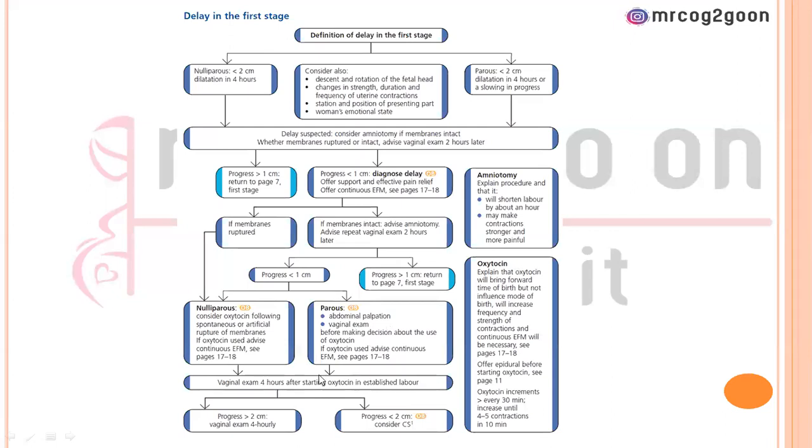So always after oxytocin, we will reassess after 4 hours. Okay. Progress more than 2 centimeters, vaginal examination every 4 hours. Less, we will consider cesarean section, amniotomy, explain the procedure and what will happen. And this is oxytocin.